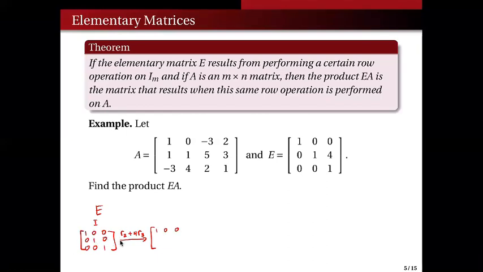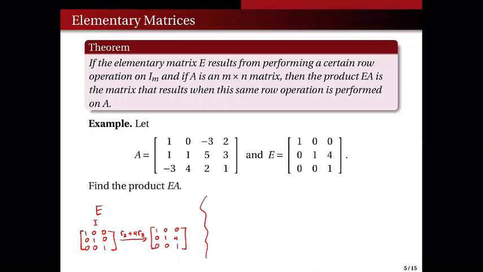For the second row, we have row 2 plus 4 row 3. That's 0 plus 0, that's still 0. 1 plus 0, that's still 1. 0 plus 4 times 1, you get 4 there. Third row, you are not changing it. So this is your E.